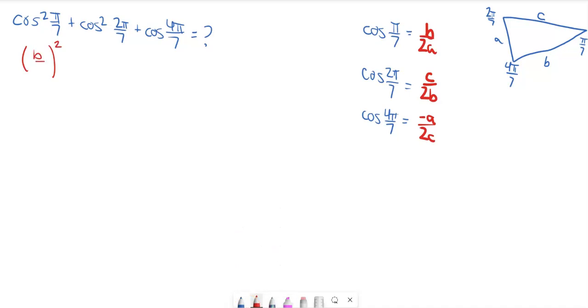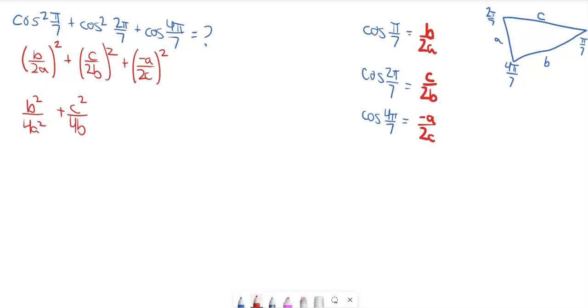So b over 2a plus c over 2b, quantity squared, plus negative a over 2c, quantity squared, just like that. And we'll square everything, so we'll get b squared over 4a squared plus c squared over 4b squared plus negative a squared, which will become positive a squared over 4c squared.